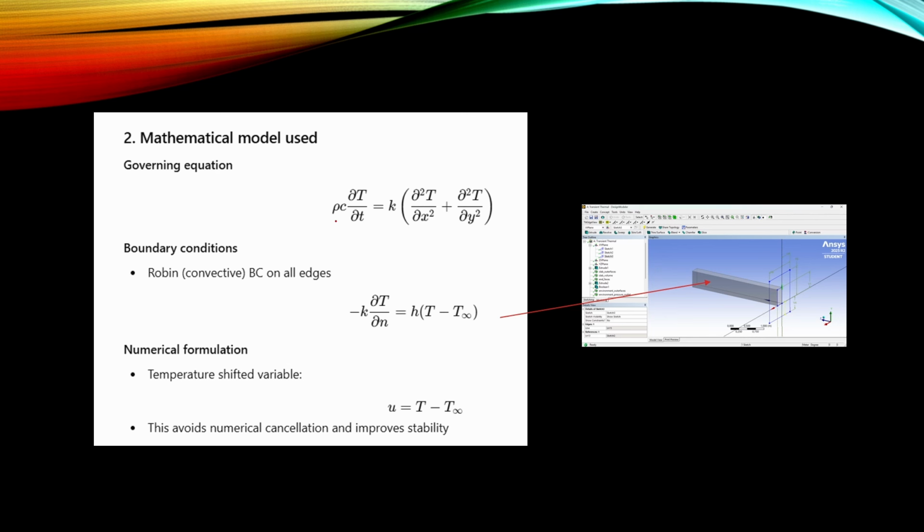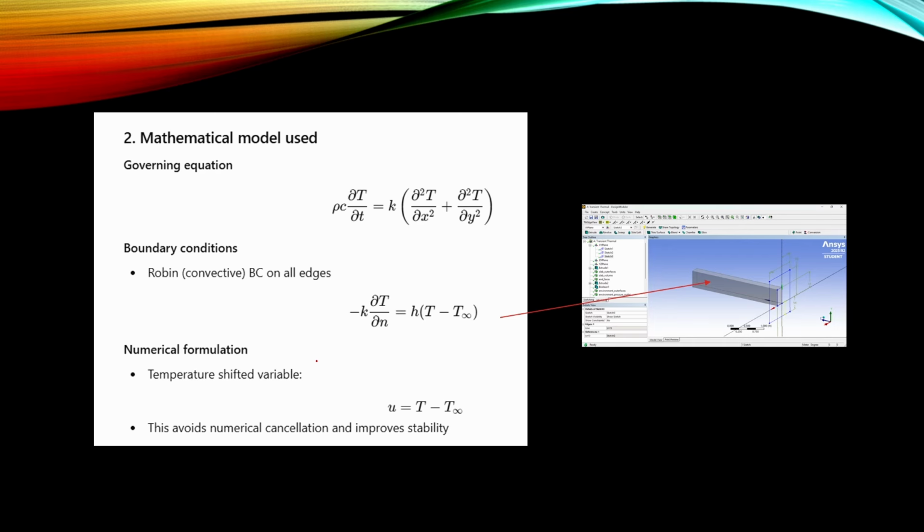In this equation, rho is the density of the material, C is the heat capacity of the material, and K is the heat conductivity. For boundary conditions at the surface of the slab, we typically use the heat transfer coefficient times the temperature difference between the surface and environment.